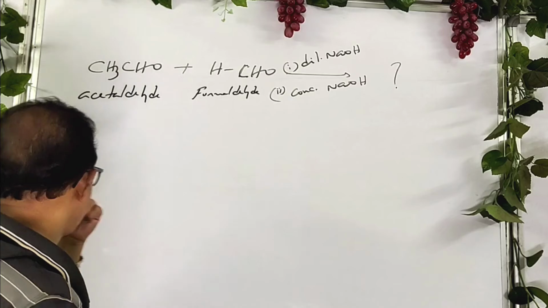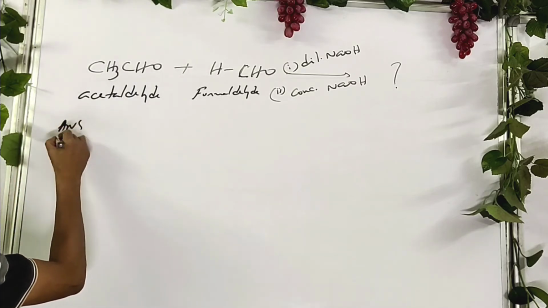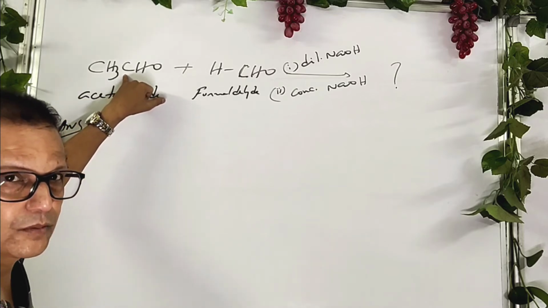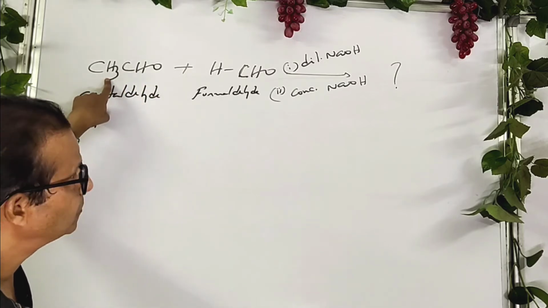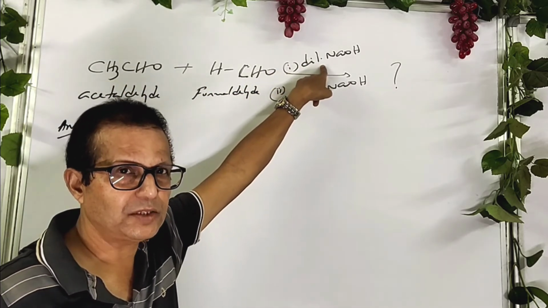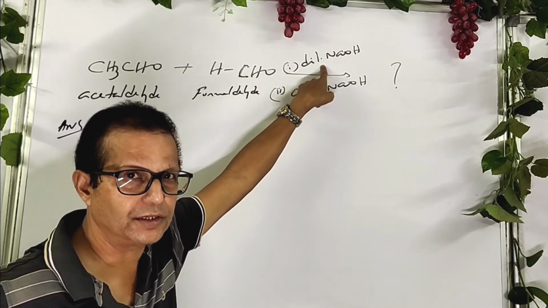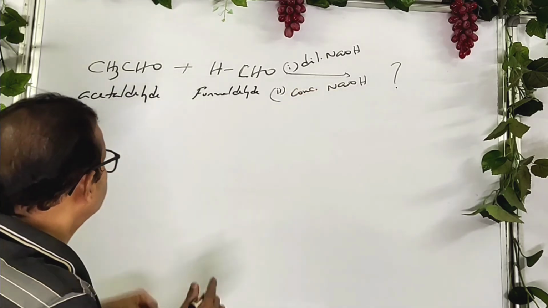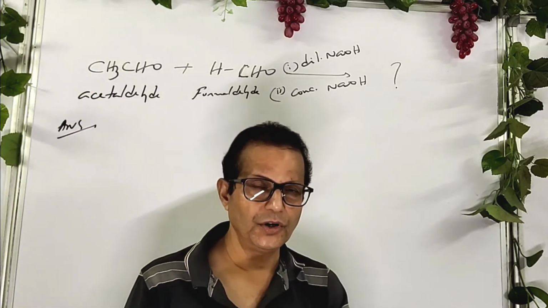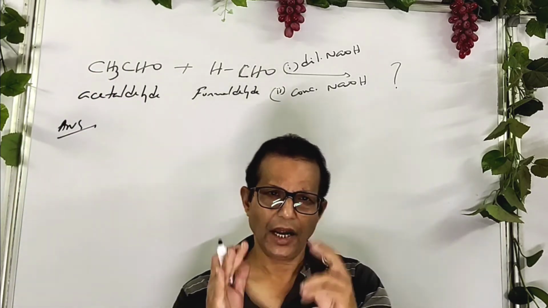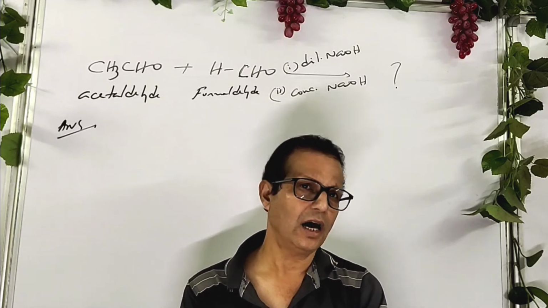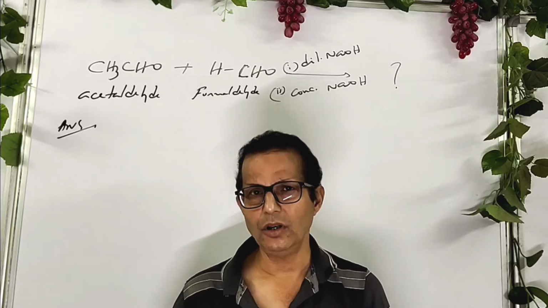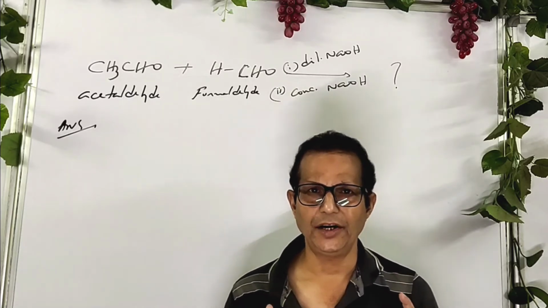What happens when? As the compound contains 3 alpha hydrogen atoms, and the first step takes place in presence of dilute sodium hydroxide, in the first step aldol condensation takes place. I have already told you, whenever you want to write aldol condensation, at first write one molecule as normal structure, and for the second molecule write one alpha hydrogen atom separately.